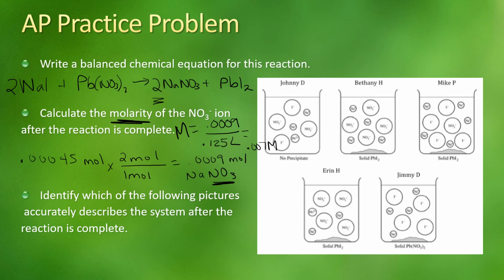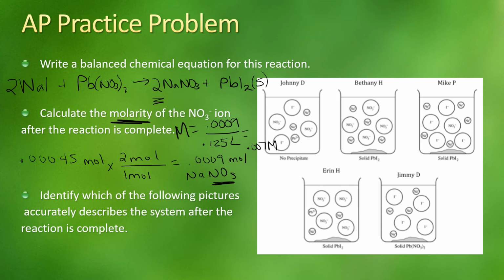In the last question here, it asks you to identify which of the following pictures accurately describes the system after the reaction is complete. Well, let's think. Look at your products. Something should stand out to you. PbI2, insoluble. This is a solid substance.